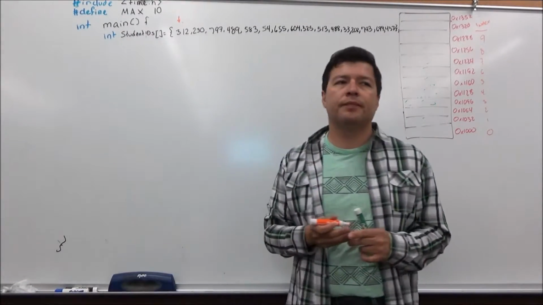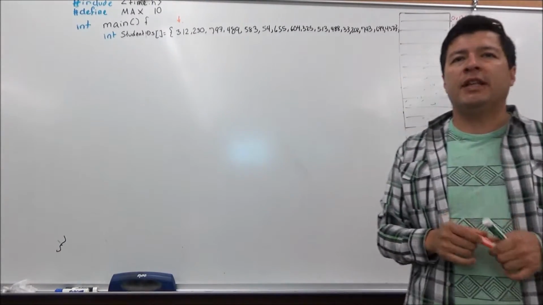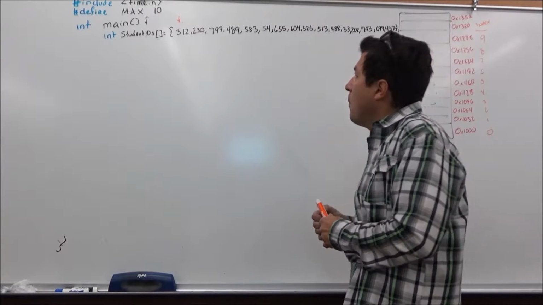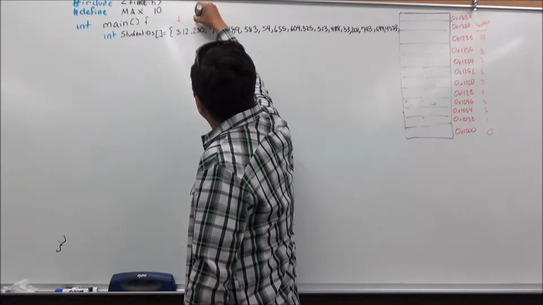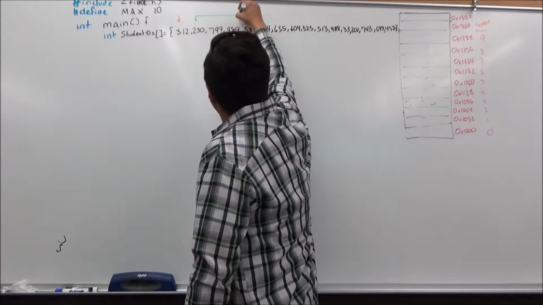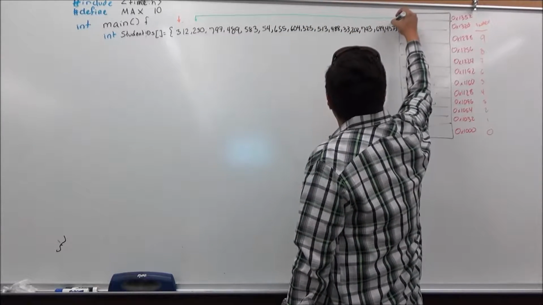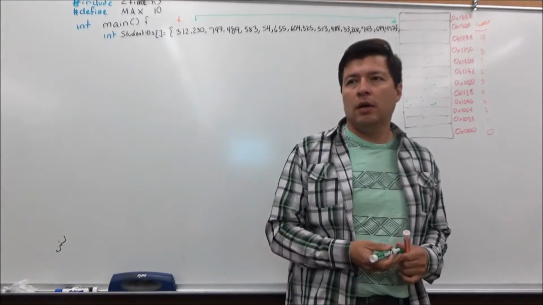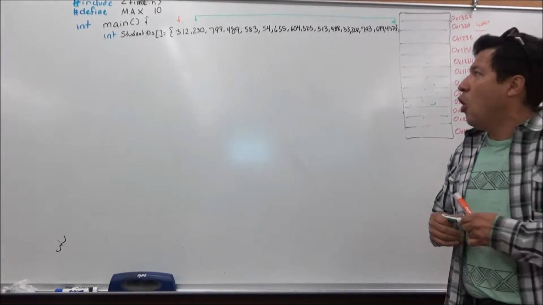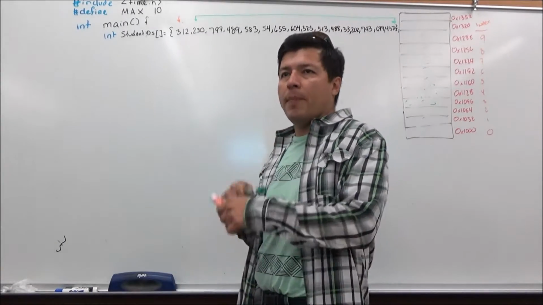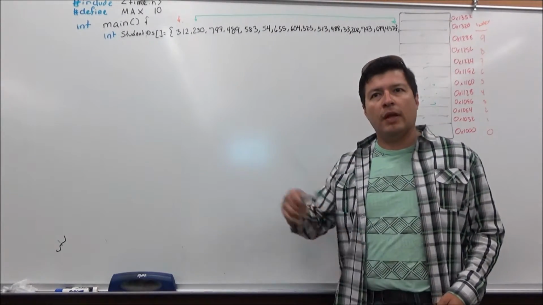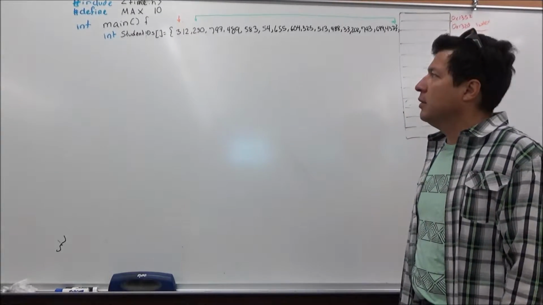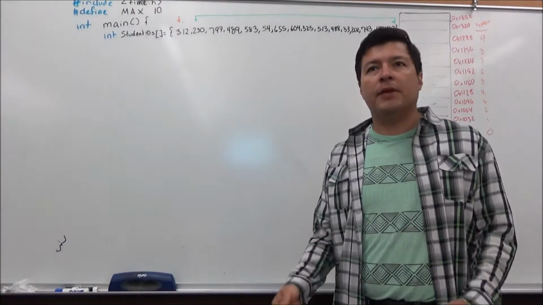I grab the first index, index 0, and I compare it with the rest of the array. If I find a number that is lower than this position, I'm going to swap them and keep going. Once I'm done with the first element, it guarantees that the first element is already sorted.